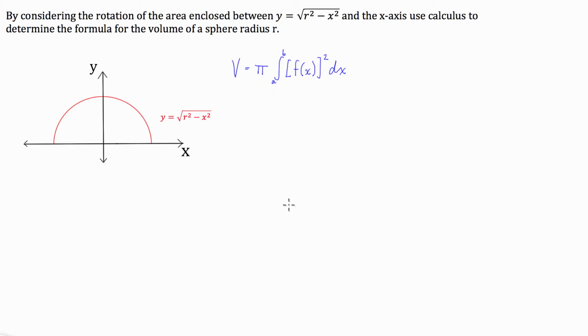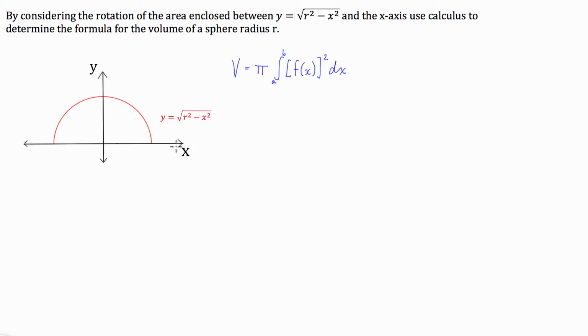Okay, so what we're going to do is literally put this function into this formula. The first thing we have to do is figure out what our upper and lower bounds are for our definite integral.